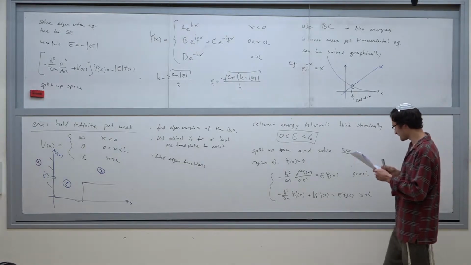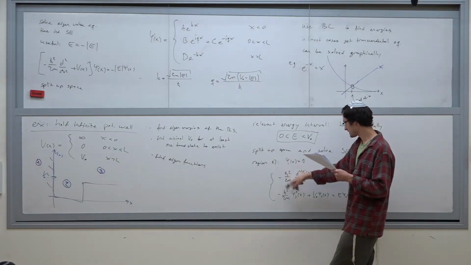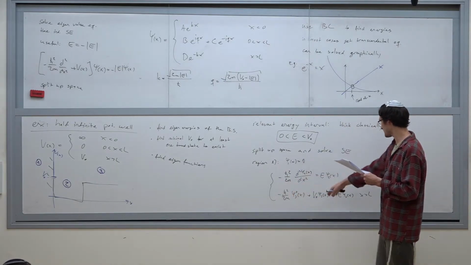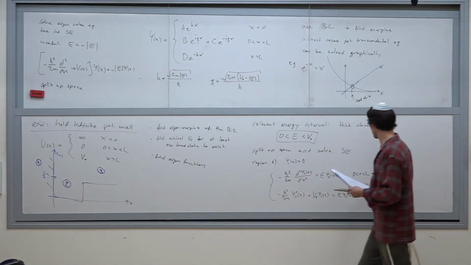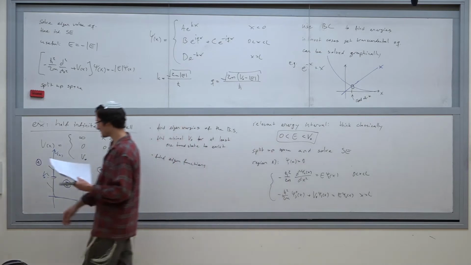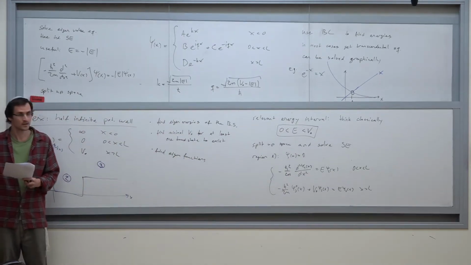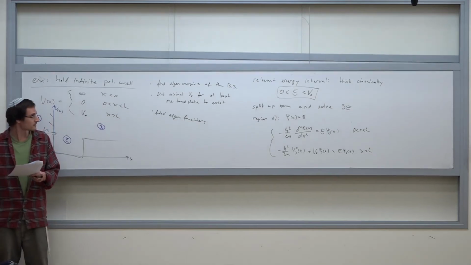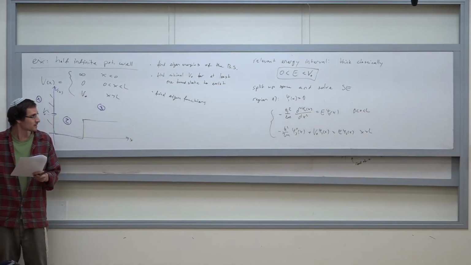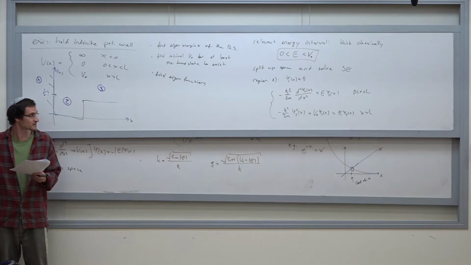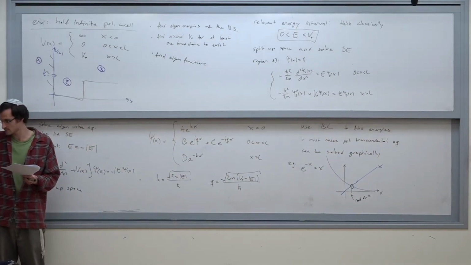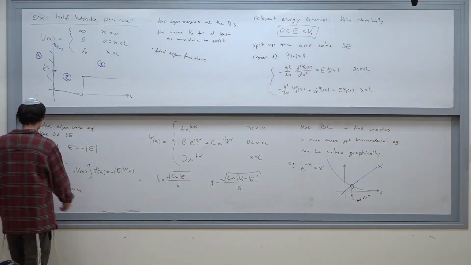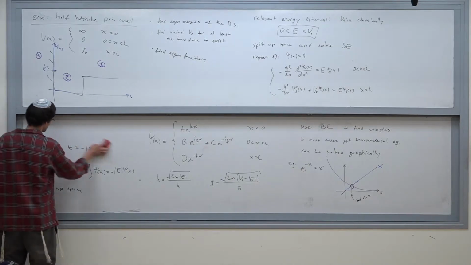As usual, we multiply the entire equation by 2 over h bar squared. We move V0 to the right, and then start replacing all of the constants by k's and q's. And when you do this, you have to watch out to do this properly, because you don't want k's and q's that are imaginary. You want to keep your k's and q's real numbers, which means your k squares and q squares have to be positive numbers.